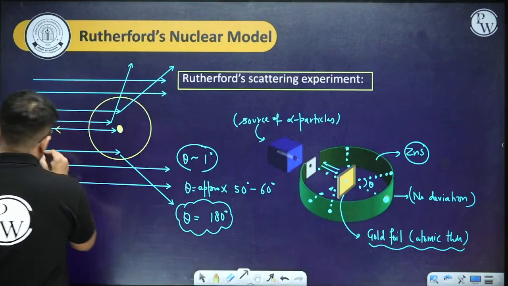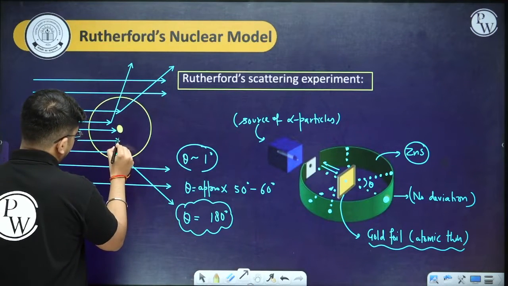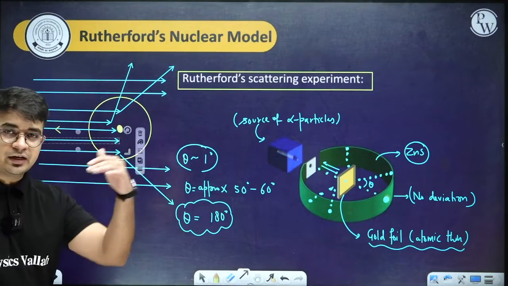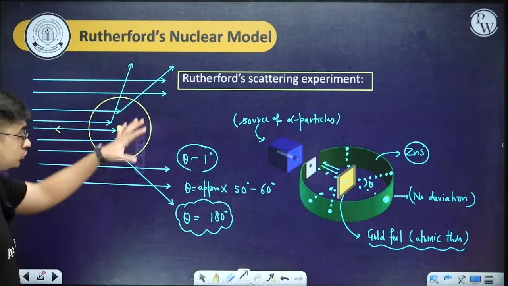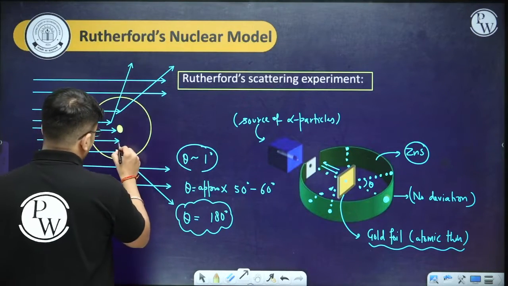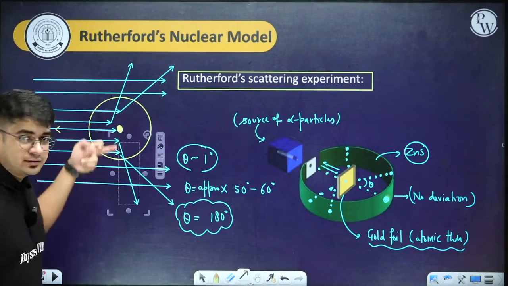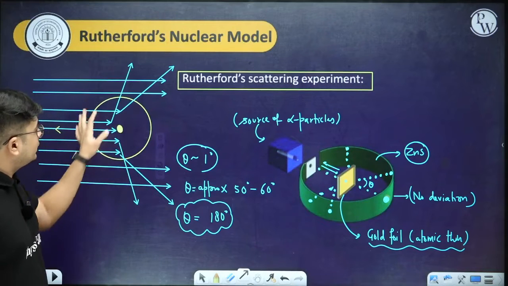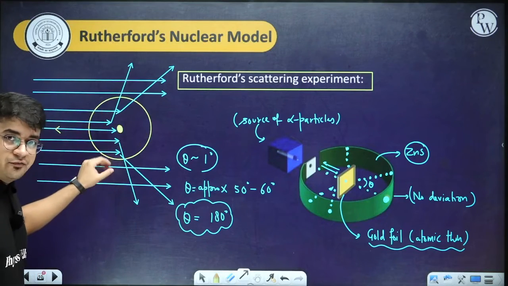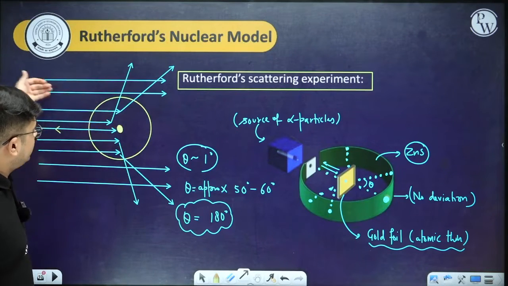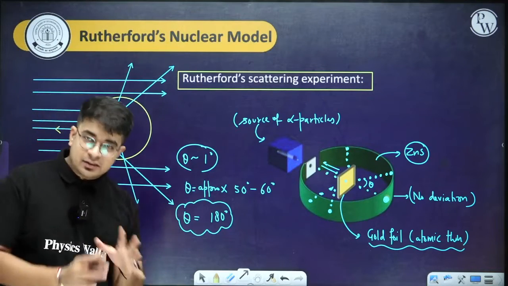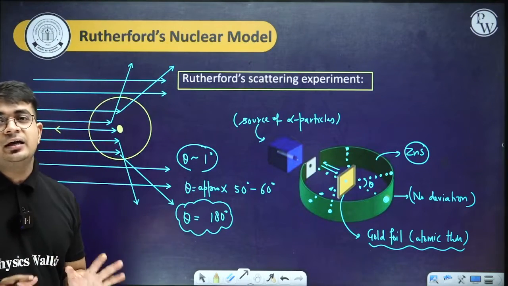Other than that, the radiations were moving in different directions. So this is the most important observation. If it is not exactly directed towards this particular point, you can see slight deviations when it is close. When it is far from this particular point, you can see these were undeviated. This was the actual observation by Rutherford.